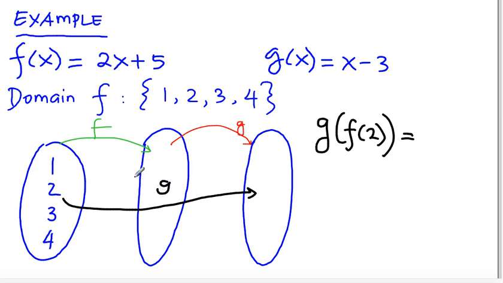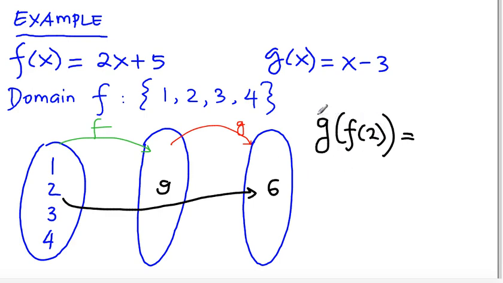And then afterwards, I'm going to think, okay, if it is now 9, if I apply function g, so I put 9 into the x position here of function g in the formula, then I will have 9 subtract 3, so 9 minus 3 is 6.